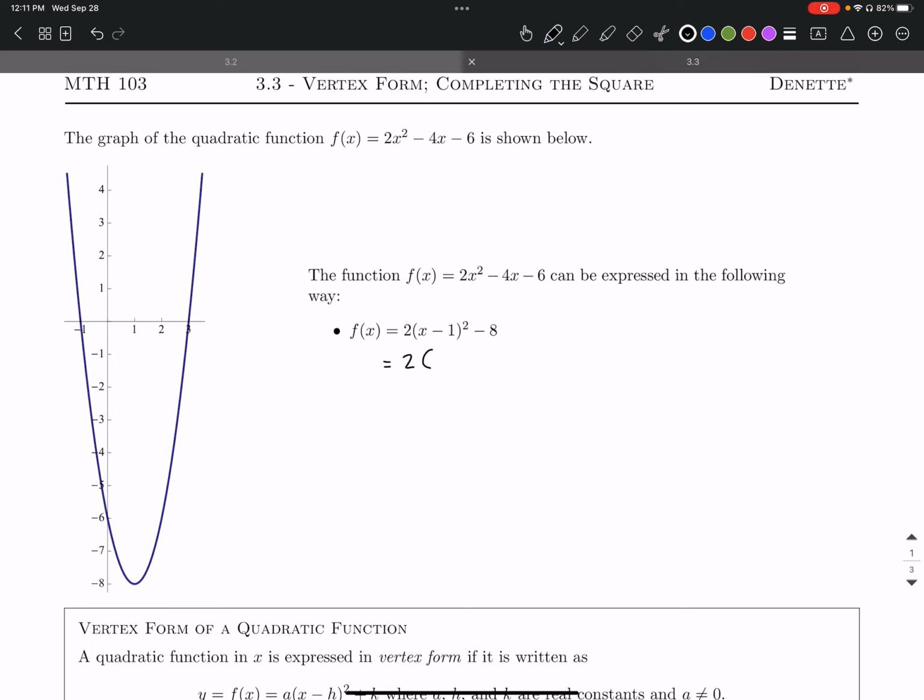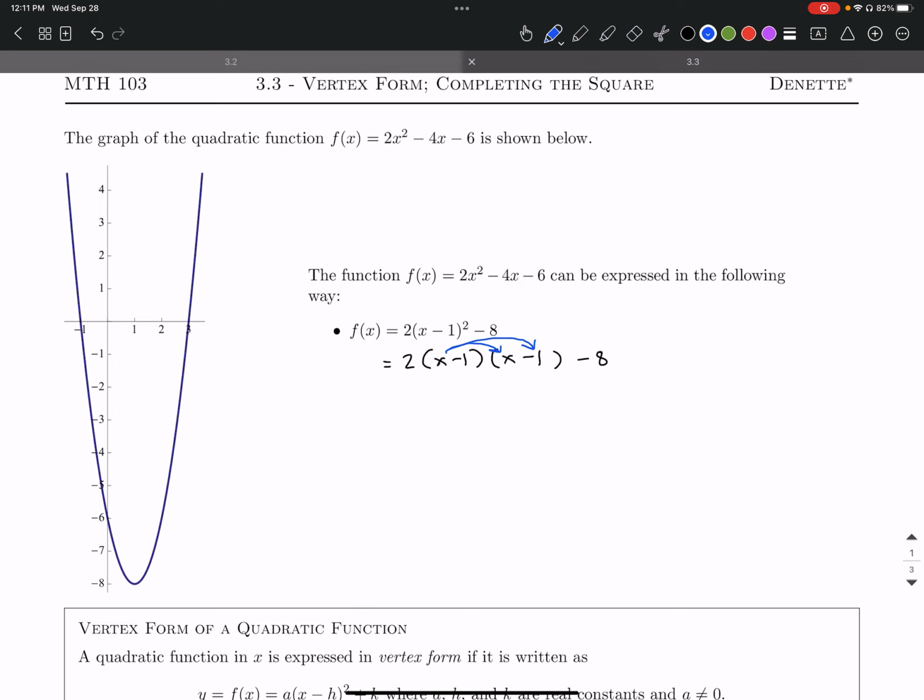To show that this is true, recall that x minus 1 squared means that you're taking x minus 1 and multiplying it by itself. And if I want to multiply x minus 1 times x minus 1, I can distribute or FOIL.